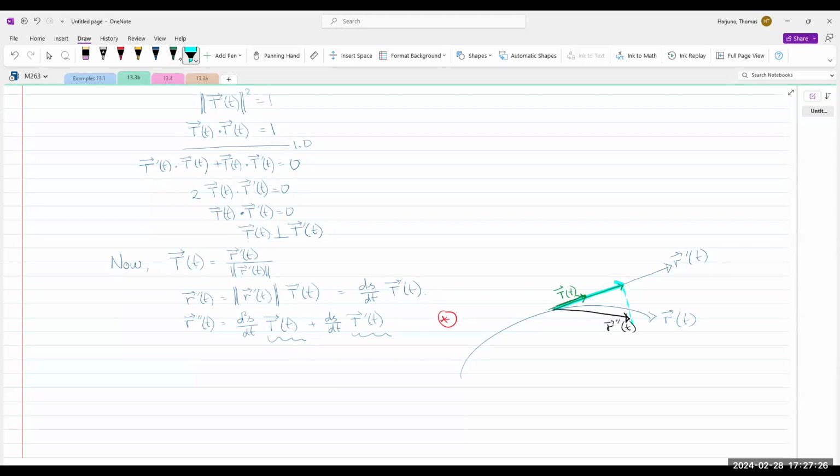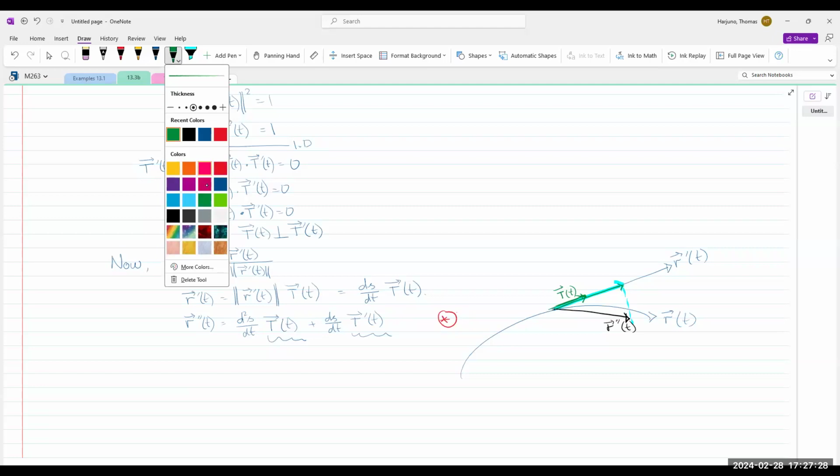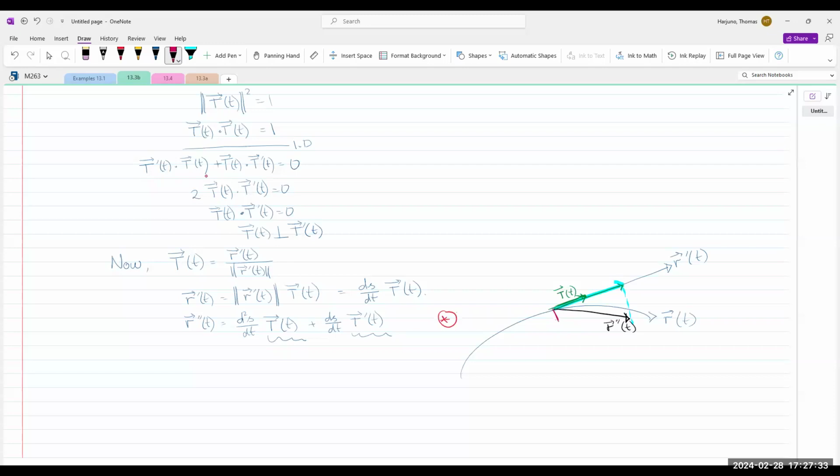And it also consists of a scalar multiple of T prime t. So let's say this is T prime t. Now we have the scalar multiple of that. Anyway, our goal is to find the curvature, but we will come back to this diagram in the next section.